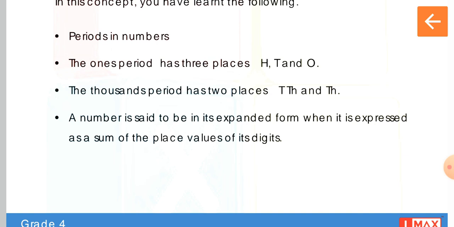So, the place value of 3 is 300, the place value of 2 is 20, and the place value of 6 is 6. We can write the expanded form as 300 plus 20 plus 6. This is the way to write the expanded form of a number. Got it, children?